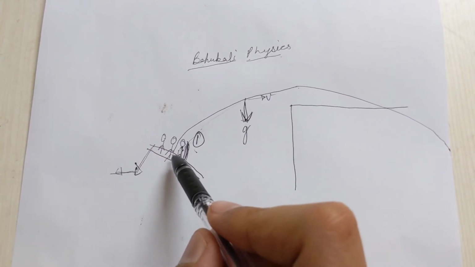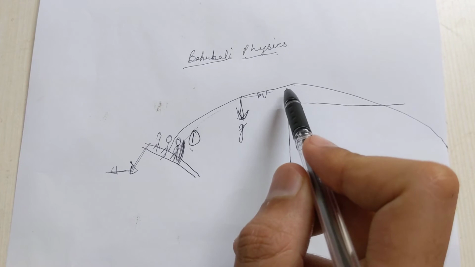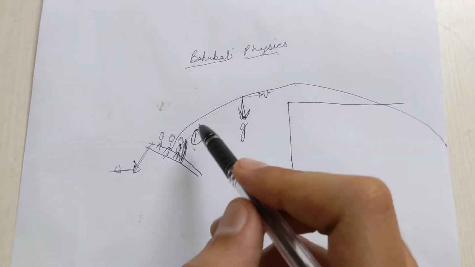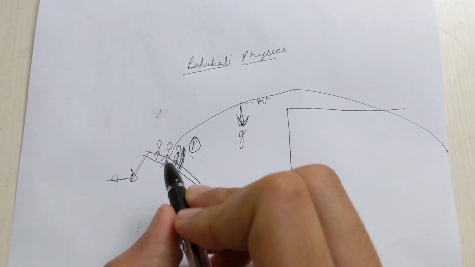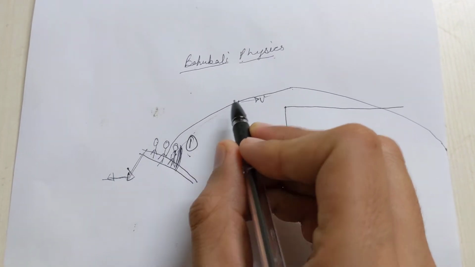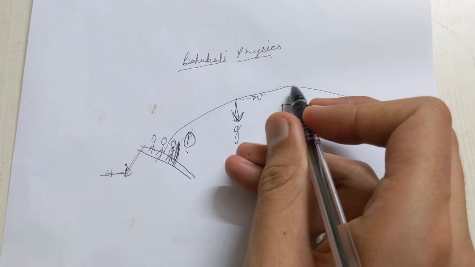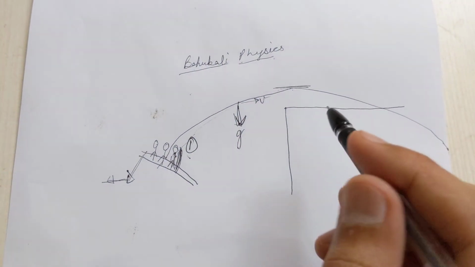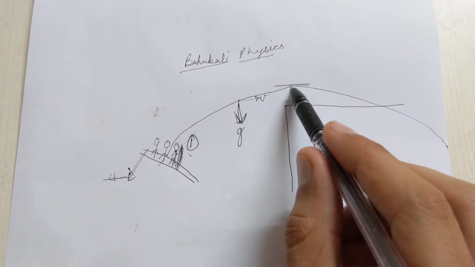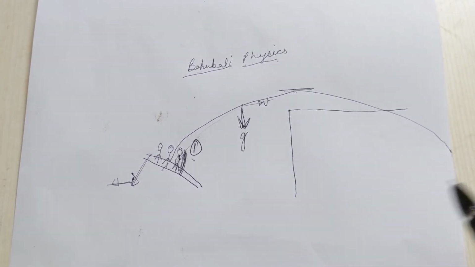However, their vertical velocity will keep on decreasing in the upward direction, like they were going upward fast, and at the topmost point their vertical velocity becomes 0, and then the vertical velocity becomes downward.